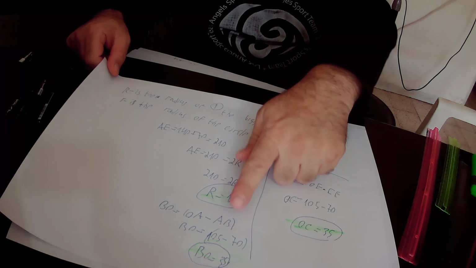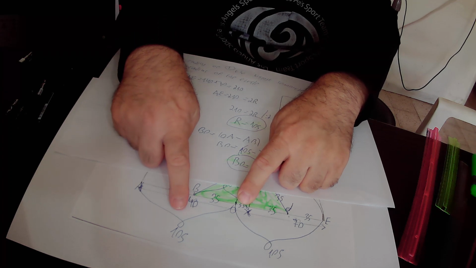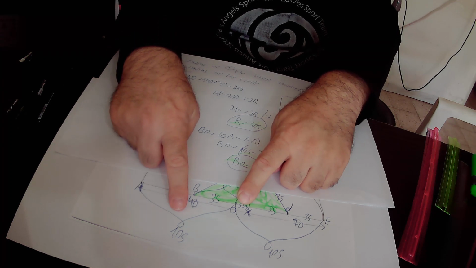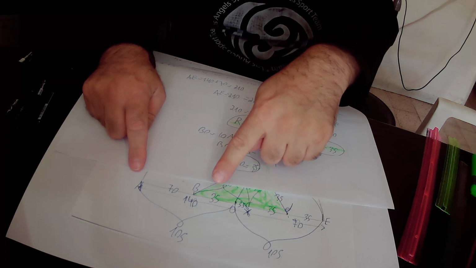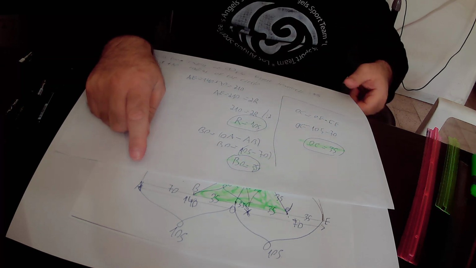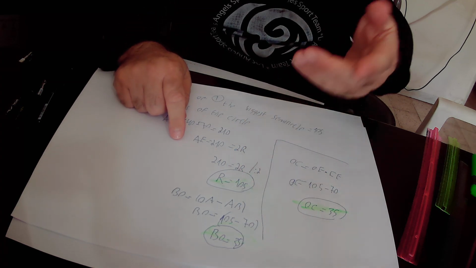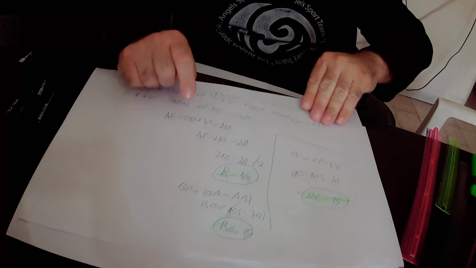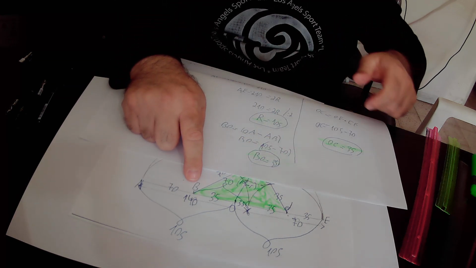OA is the radius of the biggest semicircle that is equal to 105, and BA equals 70. So BO equals 105 minus 70 units. 105 minus 70 is 35. So I found that the length of this line segment BO equals 35 units.